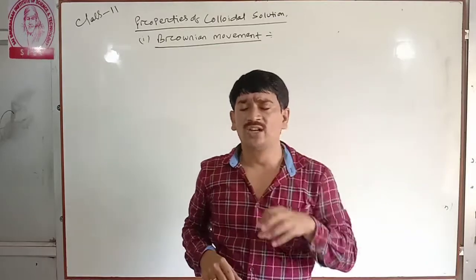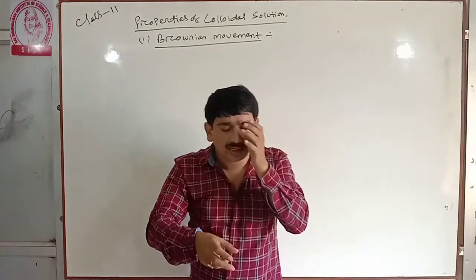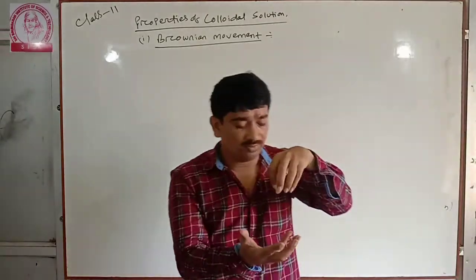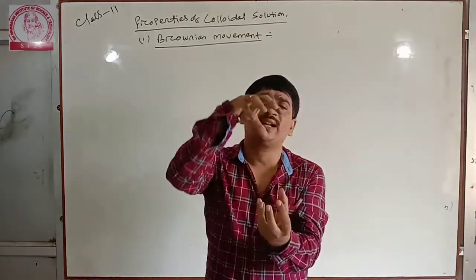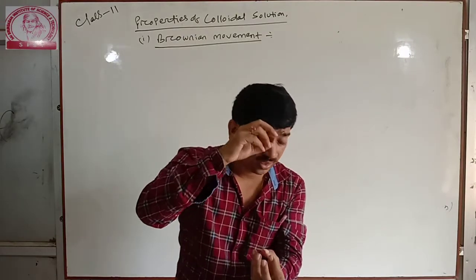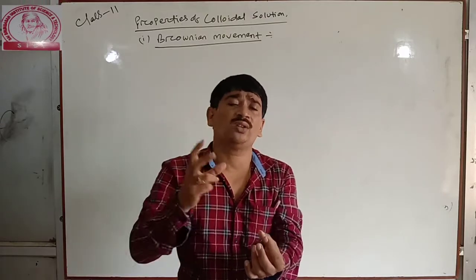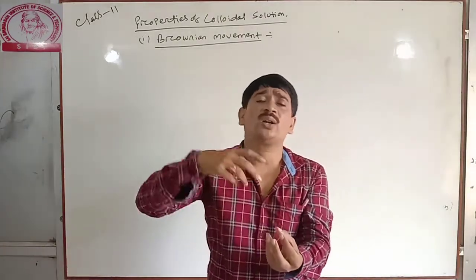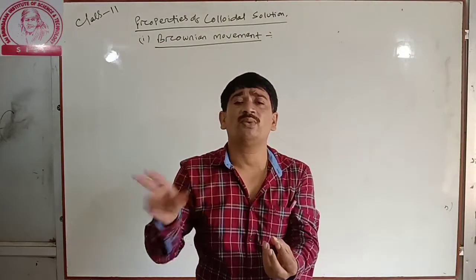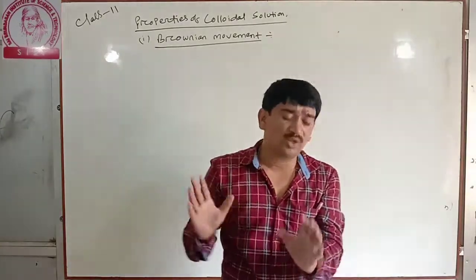So what will we observe? First we observe that when a colloidal solution is examined under a microscope, the particles which are present in the colloidal solution are moving in a state of continuous zigzag motion.